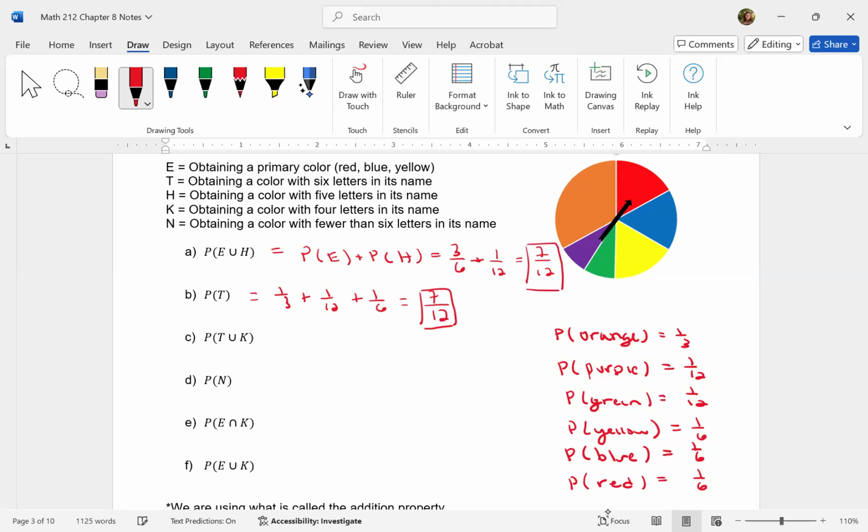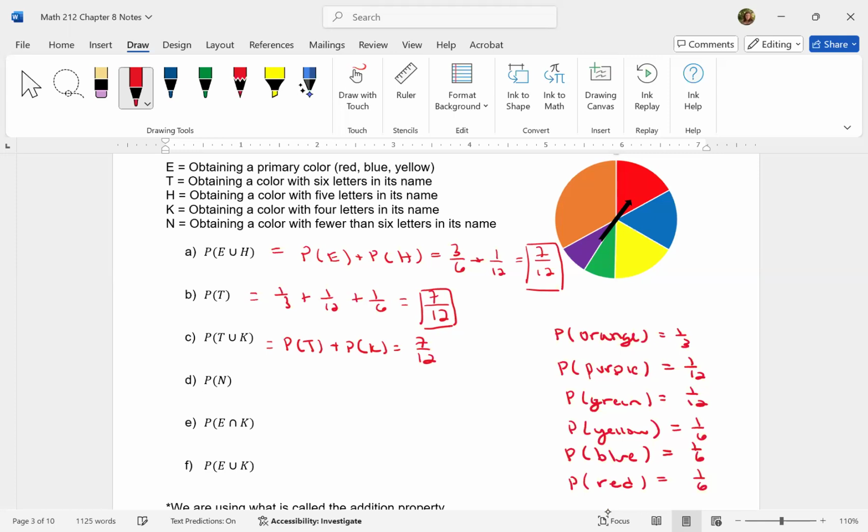All right. Probability of T union K. So for this one, obtaining a color with 6 letters, union, a color with 5 letters. Again, we're looking at something that's disjoint. They don't have anything in common. So we're just going to find the probability of T, which we already found, and then the probability of K. That's 7/12.